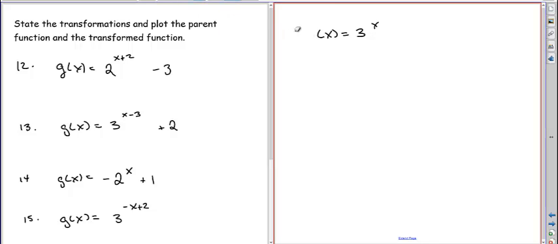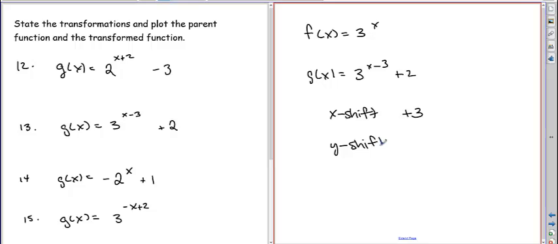G of x is 3 to the x minus 3 plus 2. So again, we're going to have an x shift of plus 3, because we have x minus h, and a y shift of plus 2. And we have no reflections.